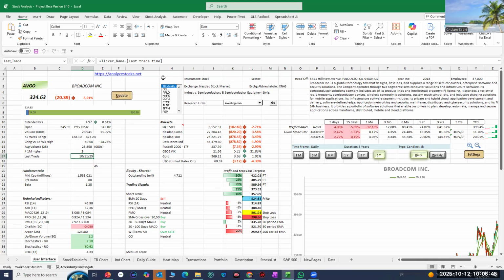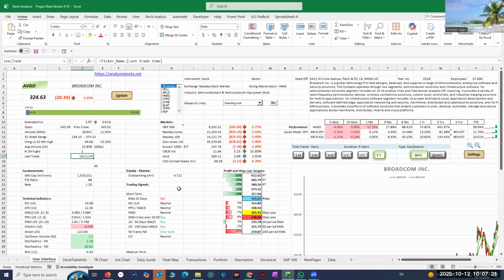We have a list of stocks on your right side, so we can choose any one of them, and it will update this screen and other screens accordingly. It gives you an idea of what the company does, what its business is, and which exchange it is traded on. This Broadcom stock is traded in New York on the NASDAQ. It also gives a snapshot summary of performance from 5 days to 5 years and year to date.